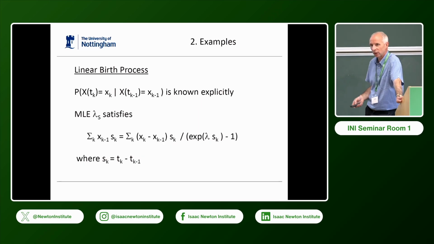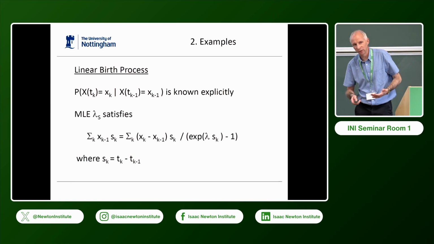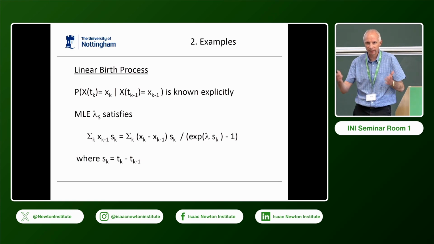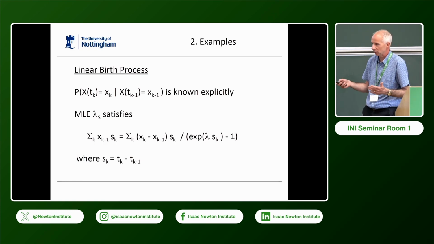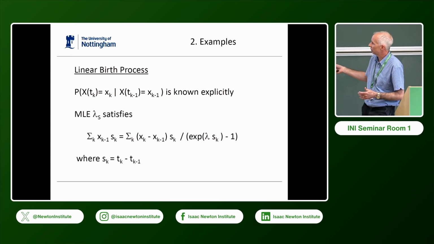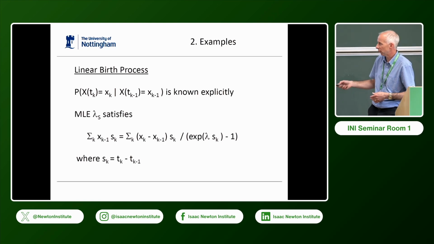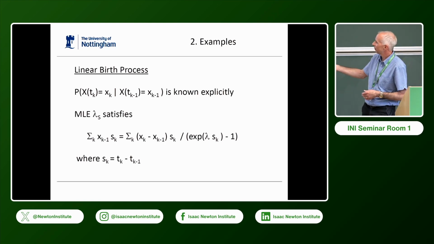And again, this time you can't write down explicitly what the MLE for the stochastic process is, unless the observations are equally spaced, in which case you can. But in general, it satisfies this. This is what statisticians call a score equation: the derivative of the log likelihood equated to 0. You can show that the MLE satisfies this, so put lambda equals lambda s, where s is the time between events.